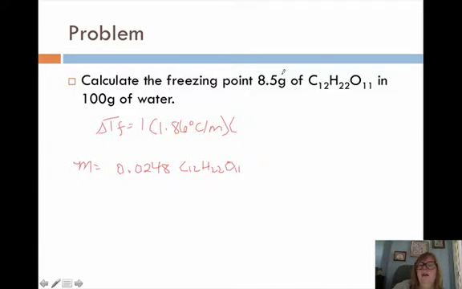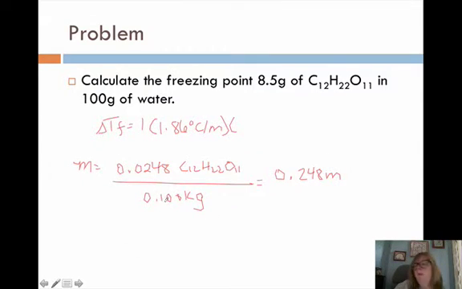You can calculate the molar mass of this and divide 8.5 by the molar mass. You should get that value. And we are going to divide by kilograms of water, which is 0.1 kilograms. So our molality is the same as we calculated in our last video, 0.248.